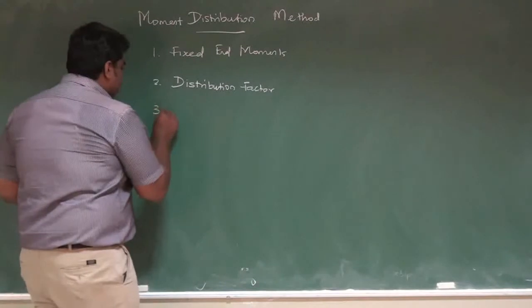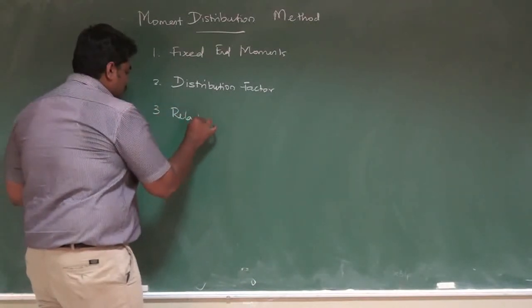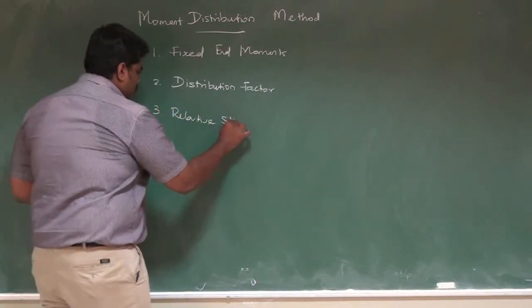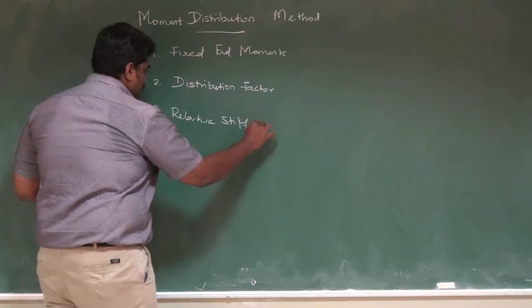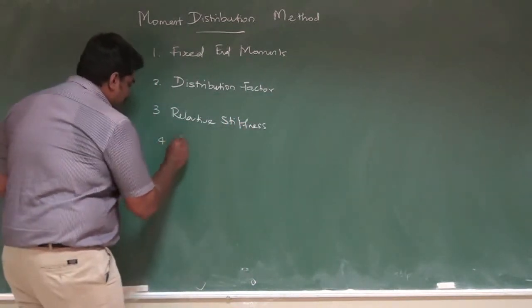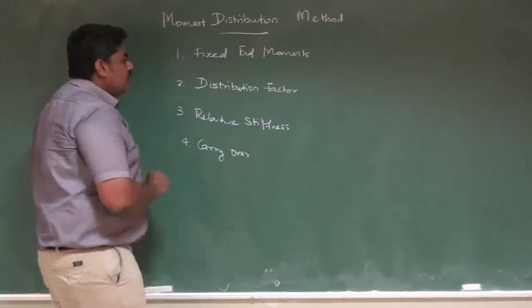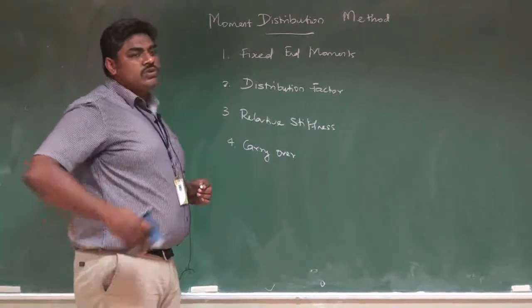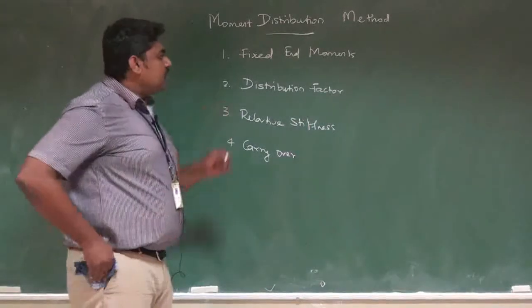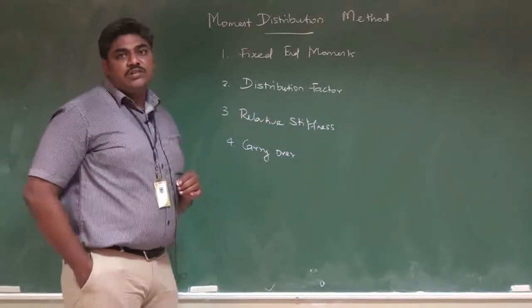Number 3 is relative stiffness. And the 4th is carryover. Okay, so these are the 4 important terms which you should remember, the fundamentals which we should know to proceed with this moment distribution method.